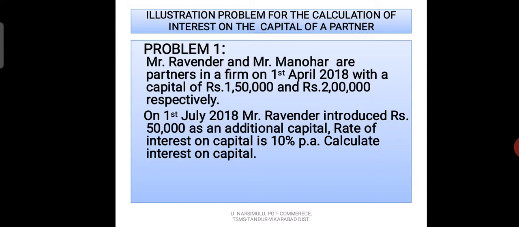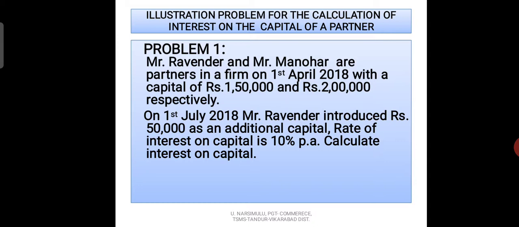On 1st July 2018, Mr. Ravindra introduced rupees 50,000 as an additional capital. Rate of interest on capital is 10% per annum. Calculate interest on capital.